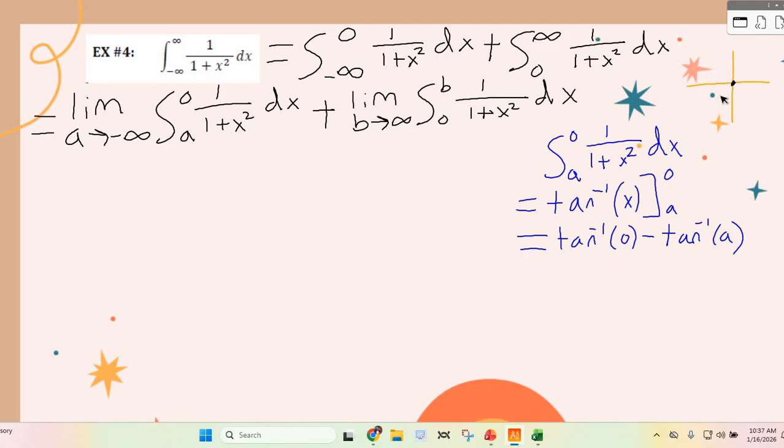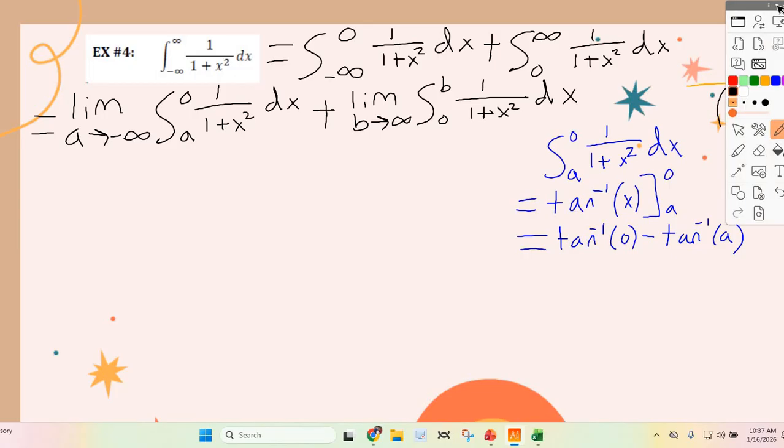It goes through 0, 0, and it looks kind of like that. So that means that we are 0 at 0. Which is helpful because now this goes away and I am just left with a negative tangent inverse of a.